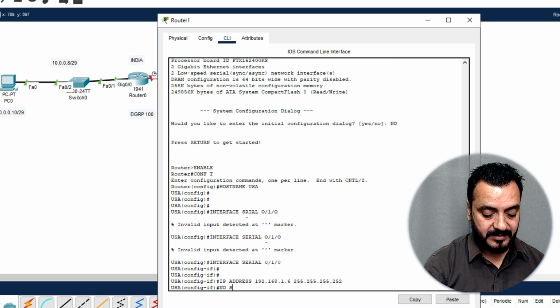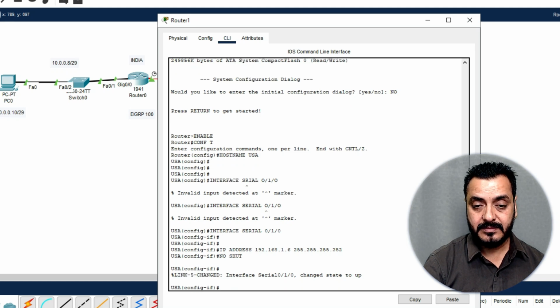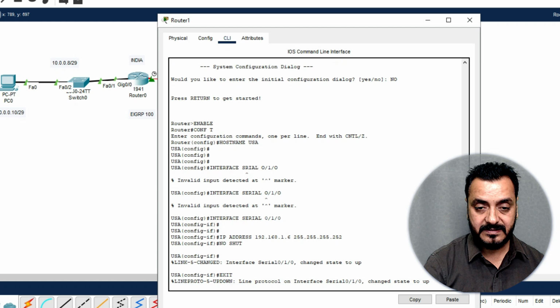Then enable the interface with the help of no shutdown command. That's it. Exit the interface.